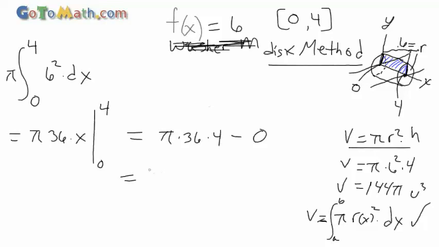So 36 times 4, 144 pi. Okay, so they call this the disk method because we're using a small disk, and we're summing up a whole lot of small disks.